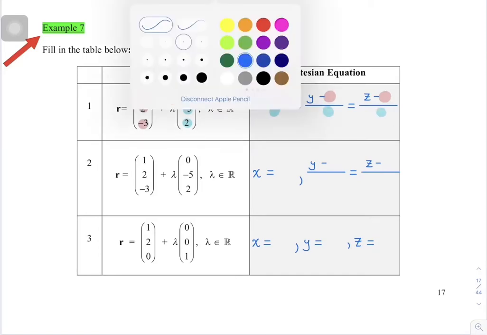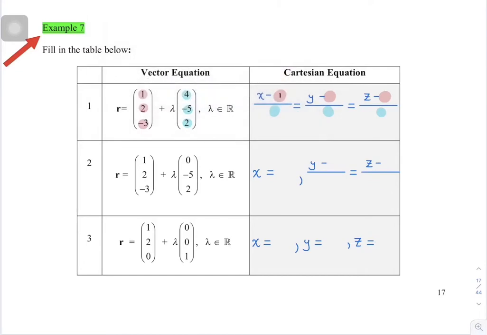So we would have 1, 2 and negative 3, 4, negative 5 and 2, and this can be simplified to x minus 1 over 4, 2 minus y over 5, z plus 3 over 2.